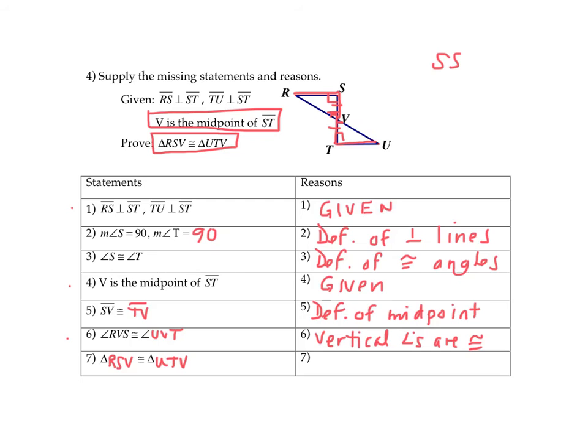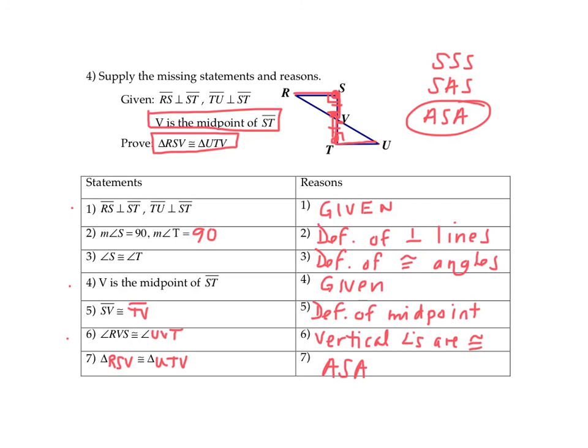Remember, we want to use either side, side, side, or angle, side, angle. So which do you think it is? If you said angle, side, angle, you're correct. Because we have angle here, and then the segment, and then the vertical angle. Angle here, the segment, then the vertical angle.